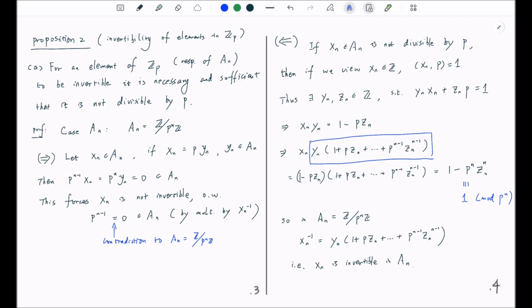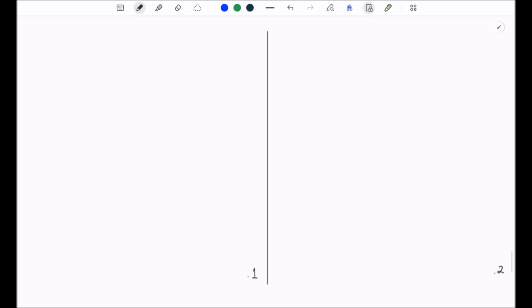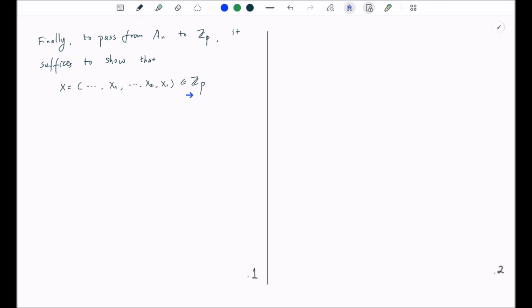So to pass from the case of A_n to Z_p, it suffices to show the following: if you have a compatible sequence in Z_p, and each x_n is invertible in A_n, then the sequence where we take the inverse of each component is again compatible.